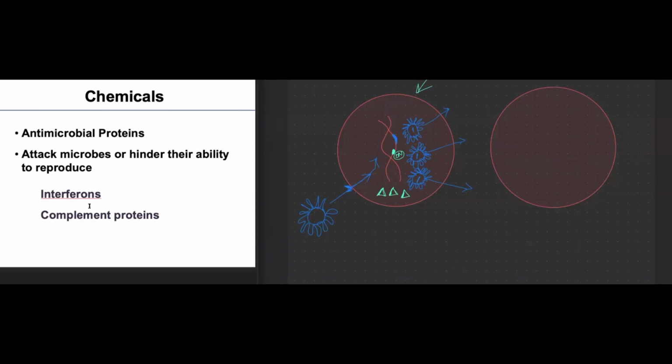I can't help this virally infected cell. But in order for it to save the neighbor cells, it will send out messages, and those messages are what we call the interferons. So interferons will be traveling from the infected cell, and they will bind to surface receptors on the neighbor cells that didn't get infected yet.